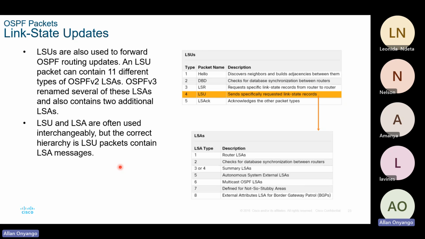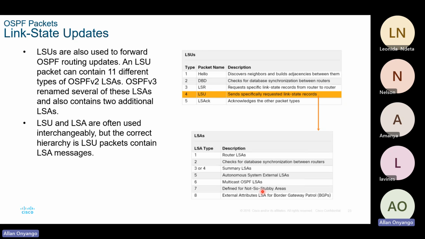So for the link state updates, they're also divided into what is called link state advertisements, LSAs. And looking down here, you have several types of LSAs. We have router LSAs, database synchronization LSAs, summary LSAs, autonomous system LSAs, multicast LSAs.